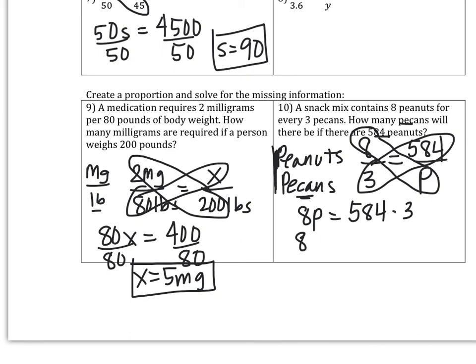So 8p equals 1,752. Divide both sides by 8, and p, which is the pecans we're solving for, is 219. So 219 pecans.